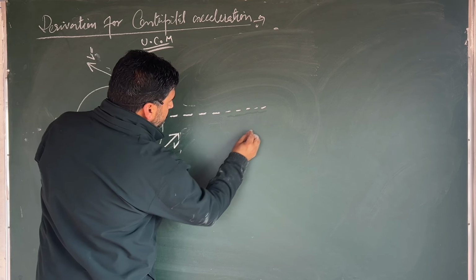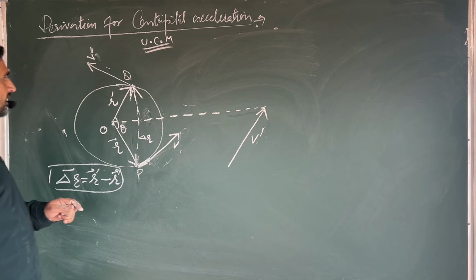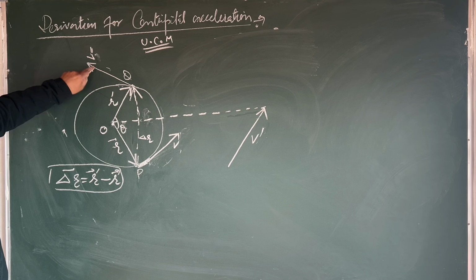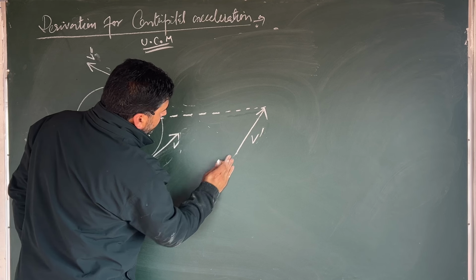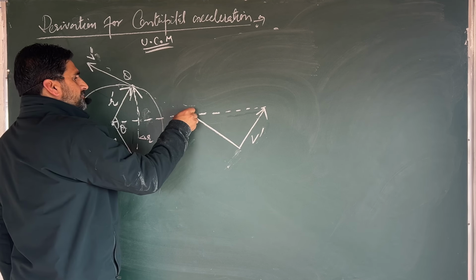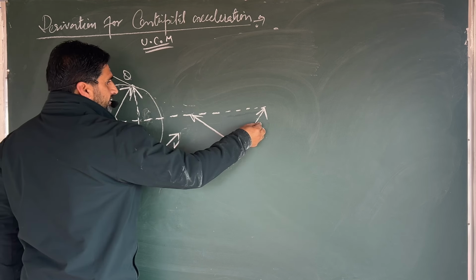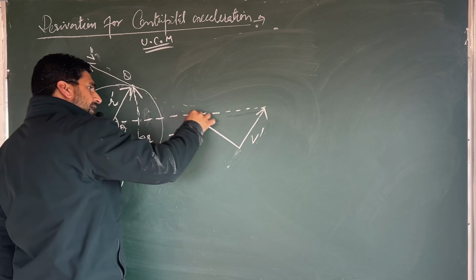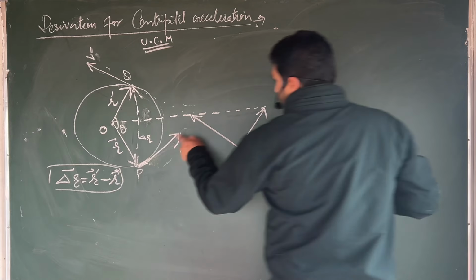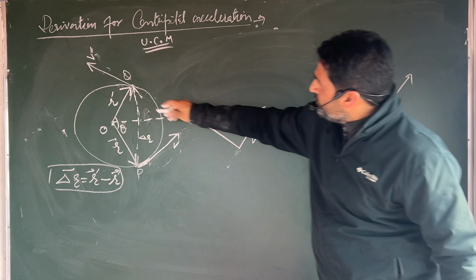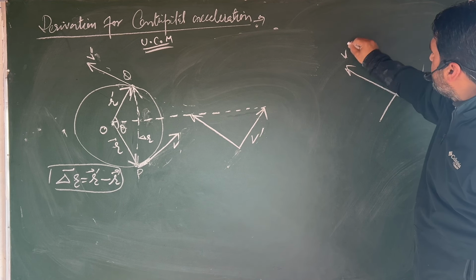If I draw a parallel to this, this is v then, and I will produce this vector backwards. It will go like this. Simply, I place this vector parallel here, and I produce this vector backward. So these two vectors, one I draw parallel here and the other I produce backward, will cut at one place here, so the vector will be like this. This will be v dash and this angle theta.